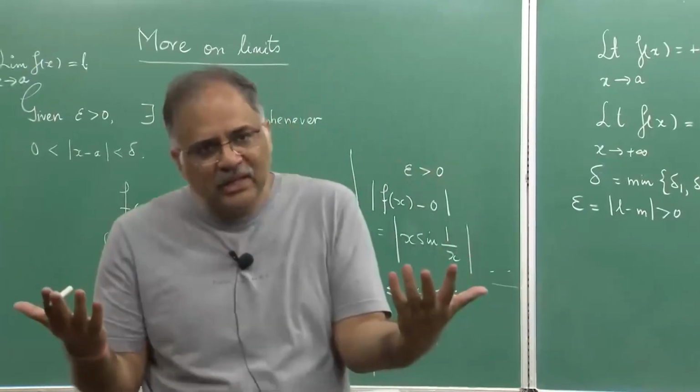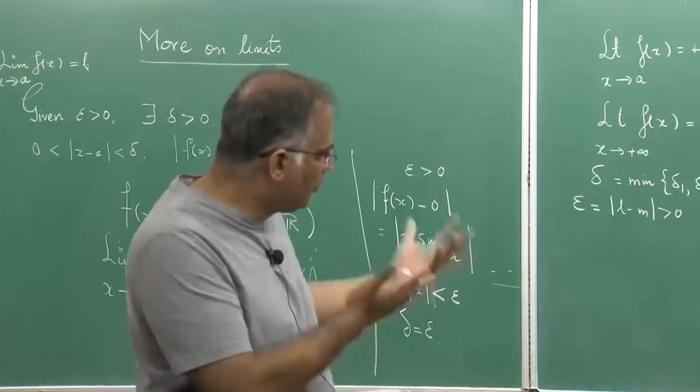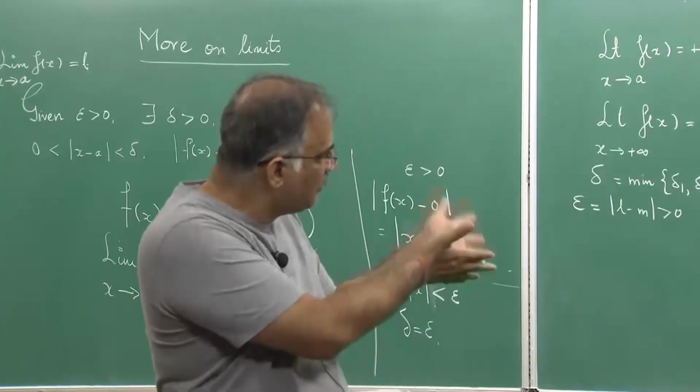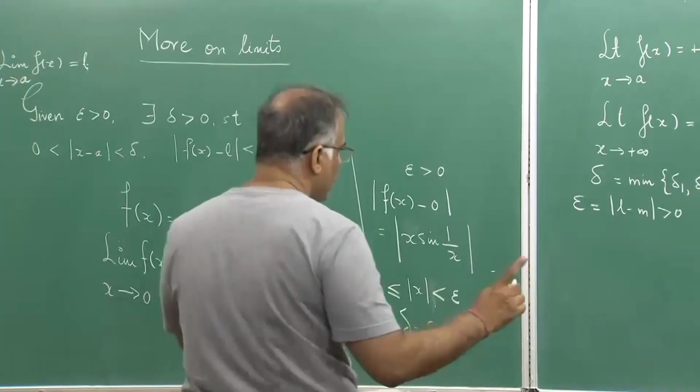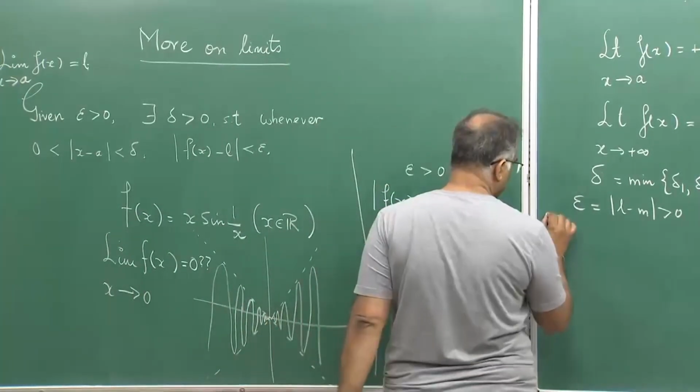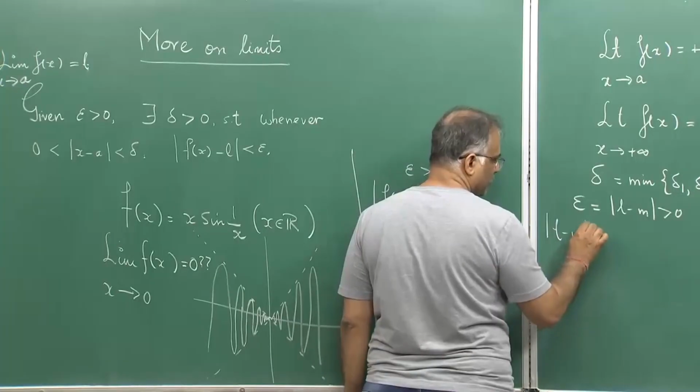So, for that |L minus M| there is some delta 1. Again, for the next case for M, |L minus M| gives another delta 2. So, again I take the minimum and it works for both. Now, what I would do is I will come to a contradiction in a very simple way.